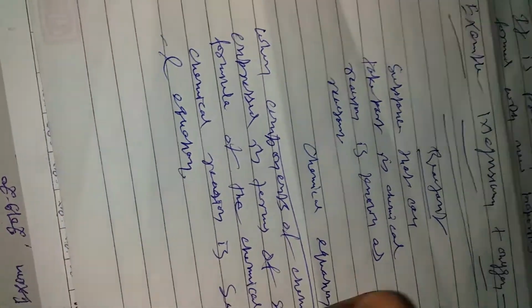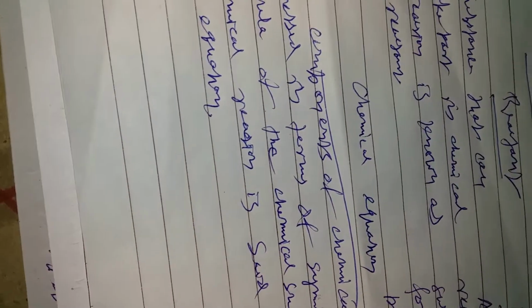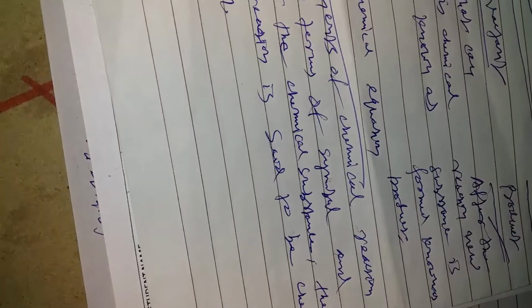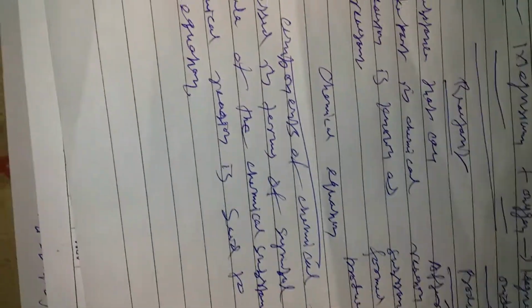That means when components of a chemical reaction are expressed in terms of their symbol and formula, the chemical reaction is said to be a chemical equation.